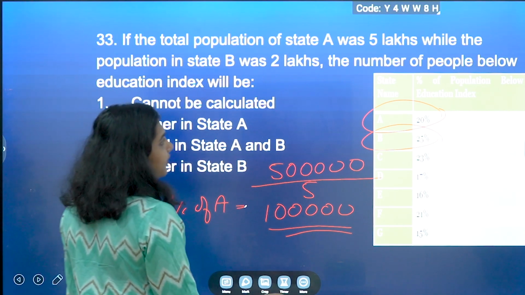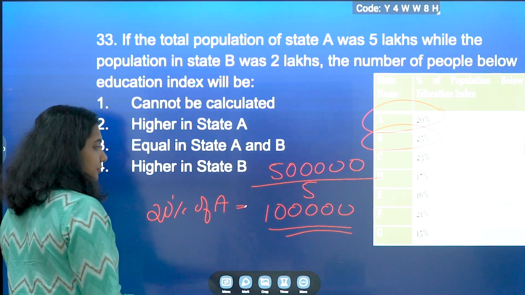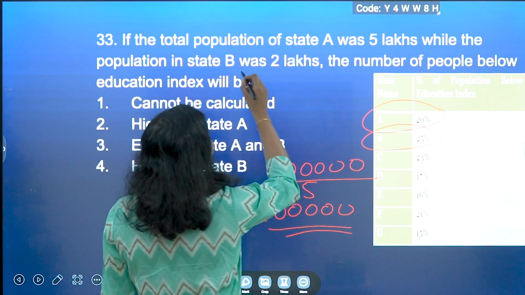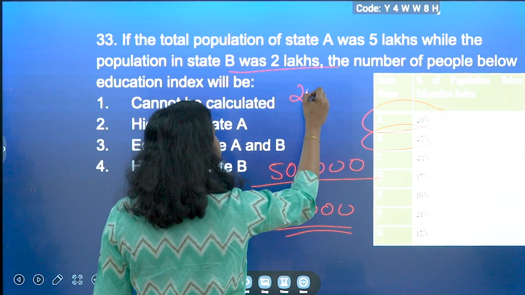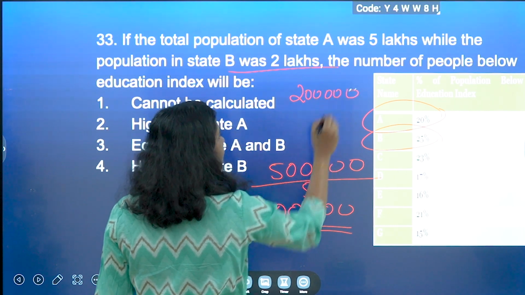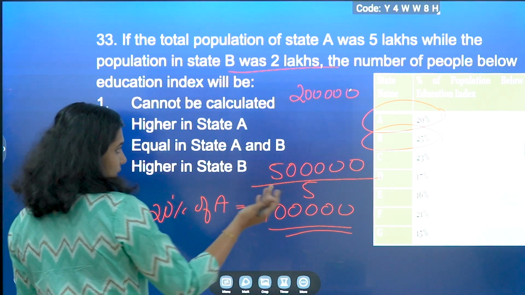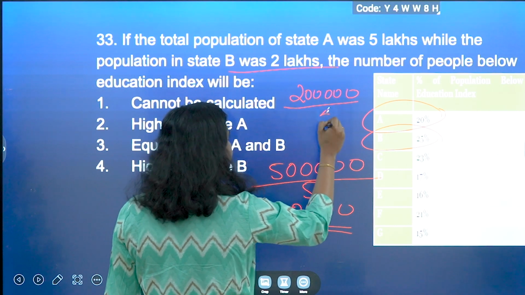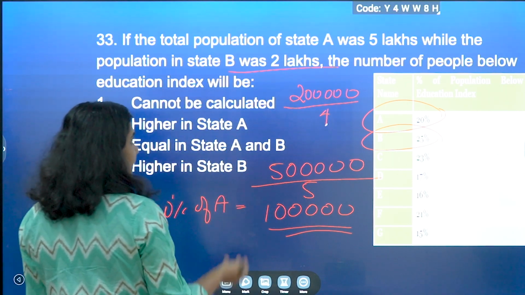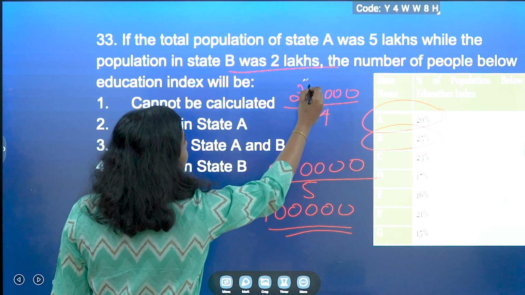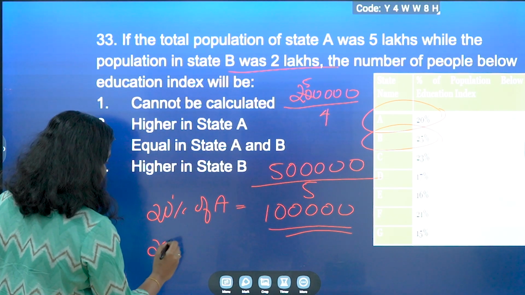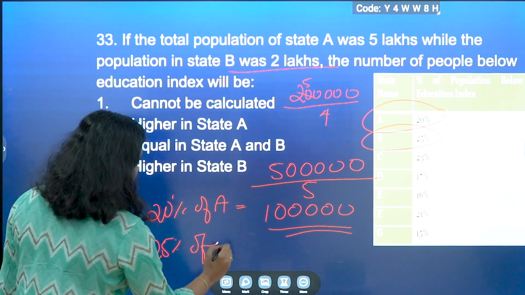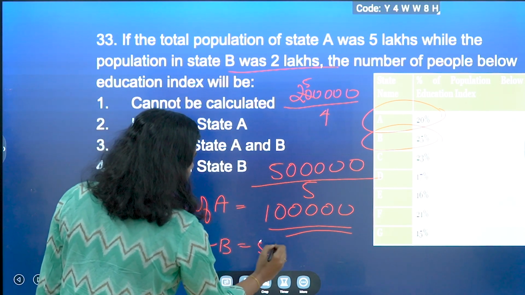Right. So 25% means divided by 4. So B, the population is 2 lakhs and you have to find out 25%, so divide by 4. So when you divide by 4, you will get 50,000. So 25% of B is 50,000.